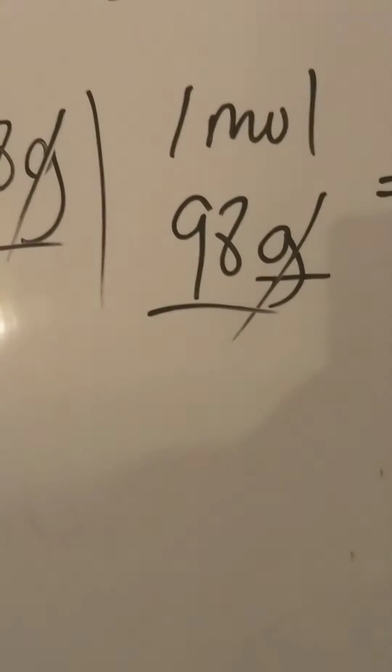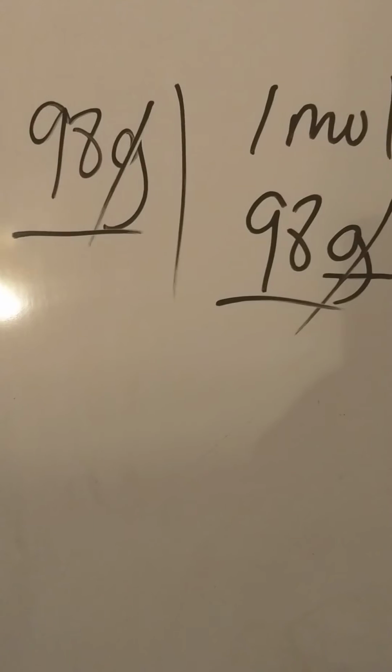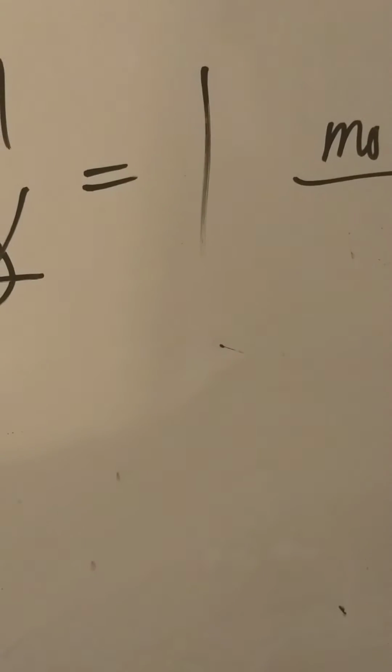Let's go get our calculator, right? Because 98 over 98 obviously doesn't equal 1, right? Of course, that's sarcasm. It does equal 1. 98 over 98 equals 1.